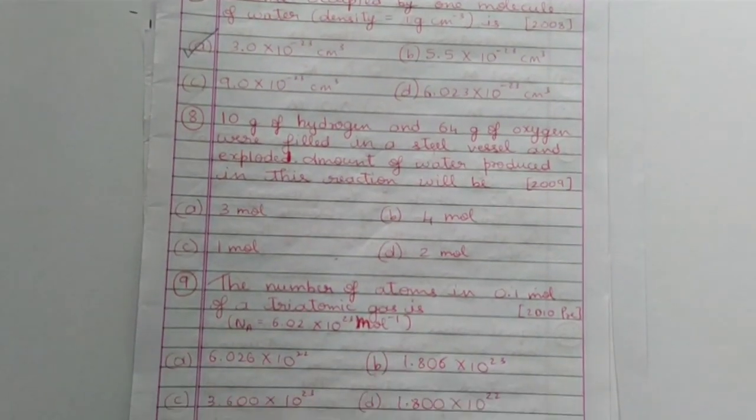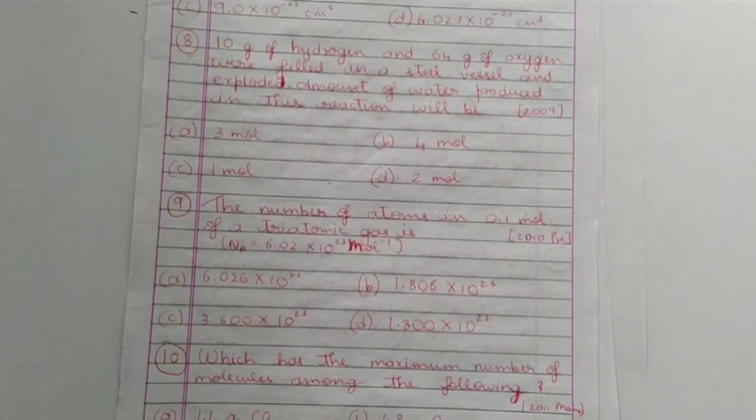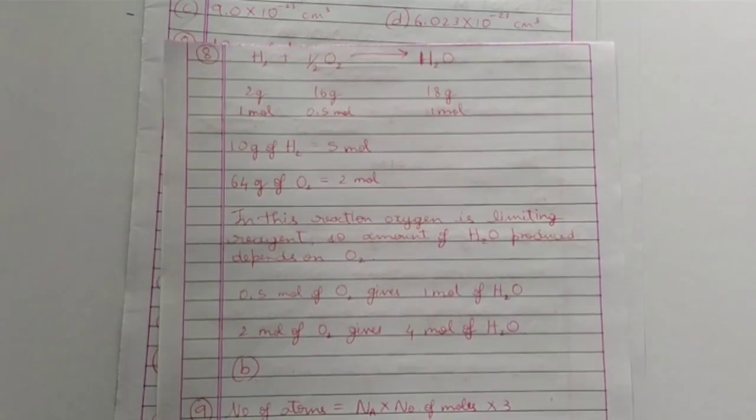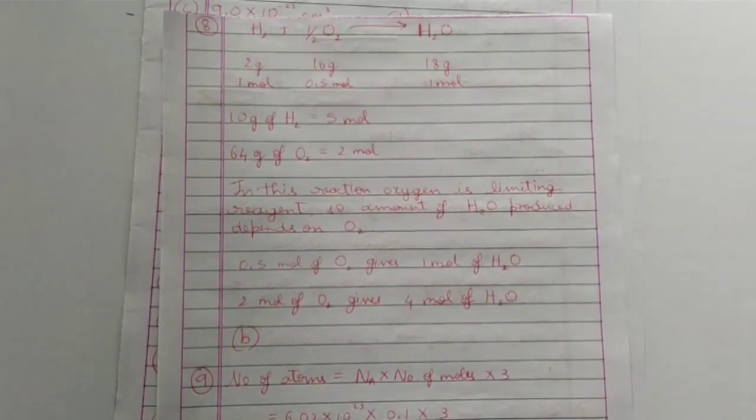Question 8. 10 gram of hydrogen and 6.64 gram of oxygen were filled in a steel vessel and exploded. Amount of water produced in this reaction will be. We know that H2 plus half O2 gives rise to H2O.